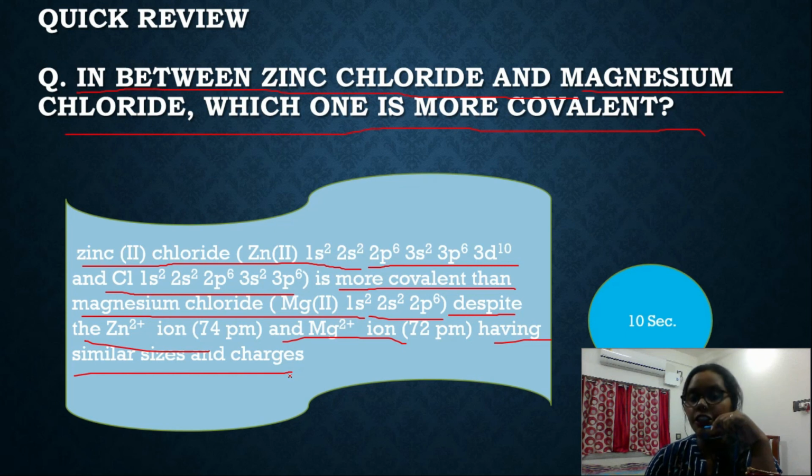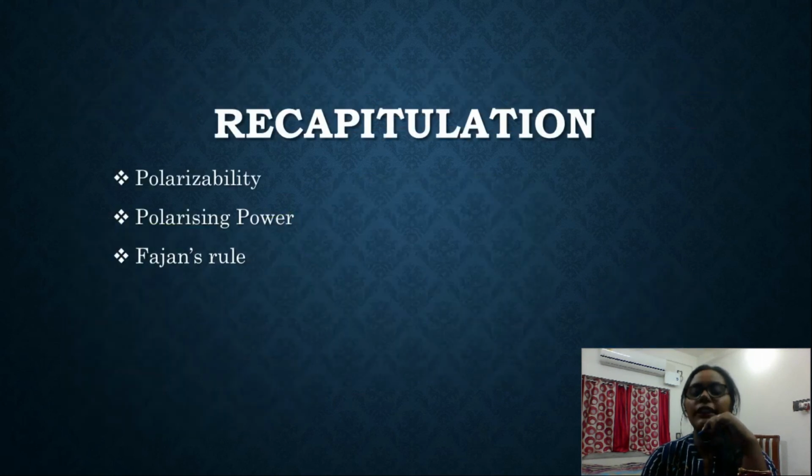And for magnesium, it's 1s2, 2s2, 2p6, a full-filled shell. That is why zinc chloride has a higher amount of covalent character than magnesium chloride. So these types of questions are very common. You can have this type of question in your exam.